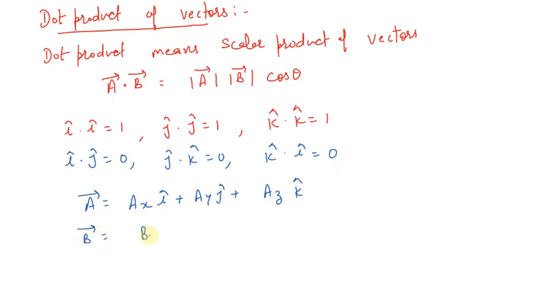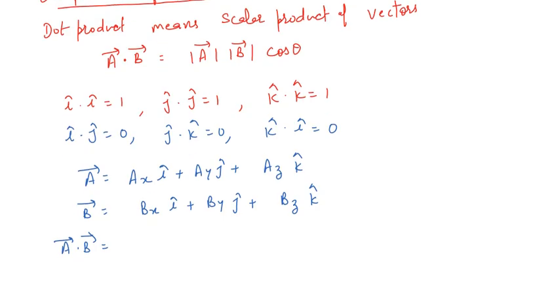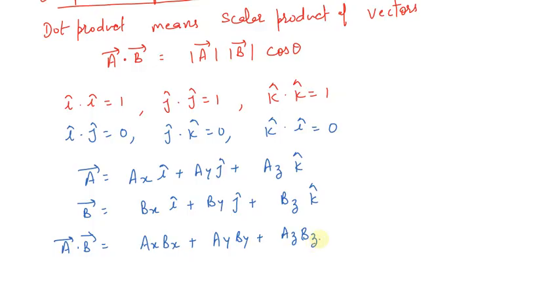Vector B is BXI plus BYJ plus BZK. Now A dot B is equal to AXBX plus AYBY plus AZBZ. We have to multiply only like components, I with I, J with J, K with K. This product is a scalar quantity, so it is called a scalar product.